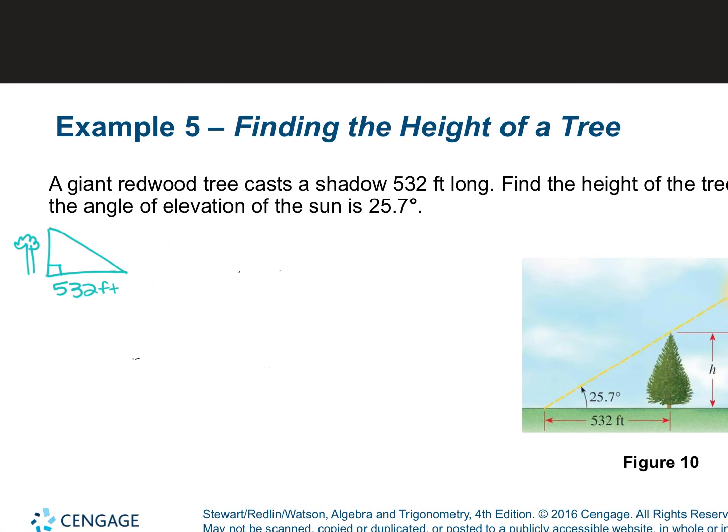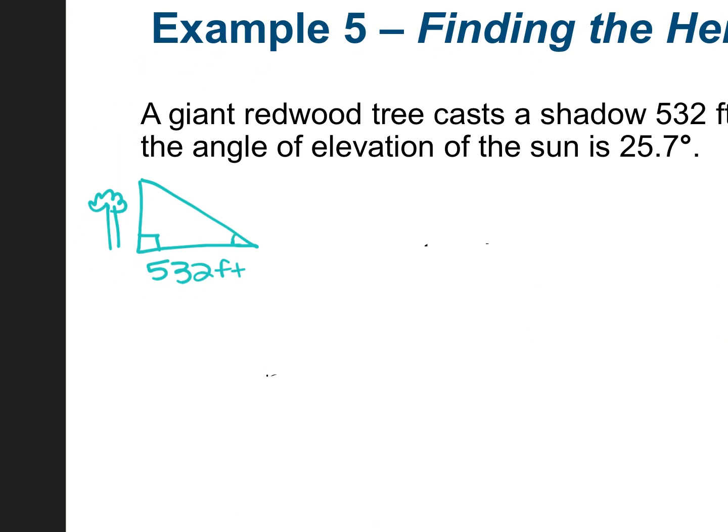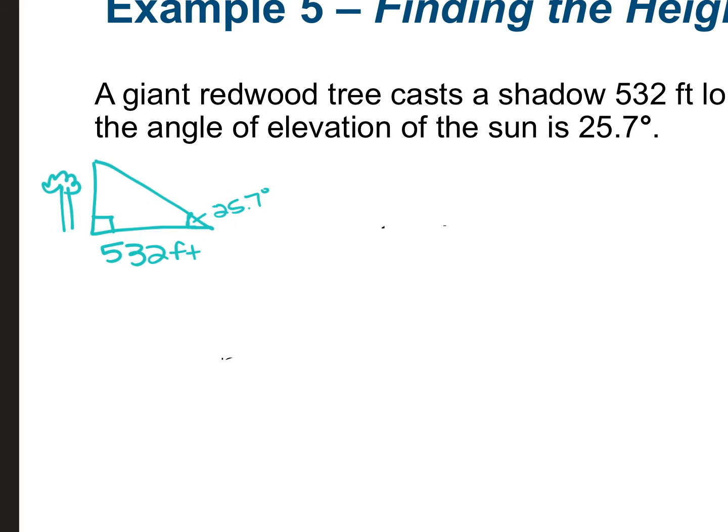It tells us to find the height of the tree if the angle of elevation of the sun is 25.7 degrees. So your angle of elevation here, we're talking about this one here, would be 25.7 degrees. So even if you don't use the picture that's given to you, draw yourself one.